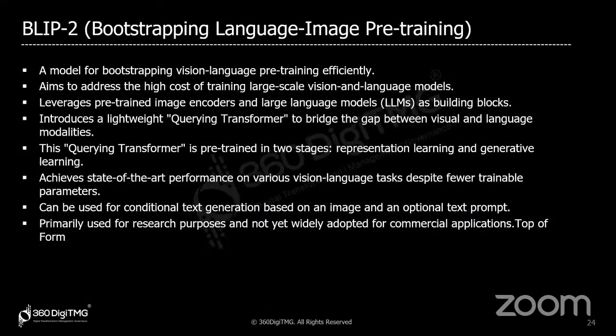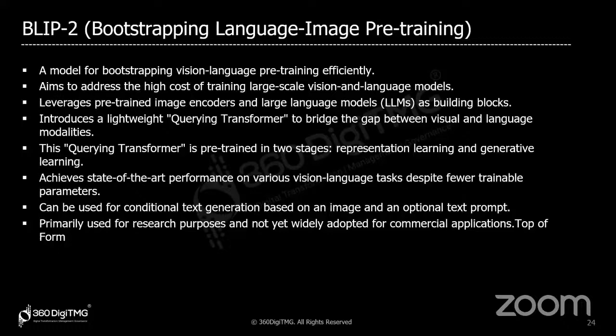Then there is a different model, which is BLIP-2, which is Bootstrapping Language-Image Pre-training. It is a vision-language pre-training efficiency model which aims to address the high cost of training large-scale vision and language models.